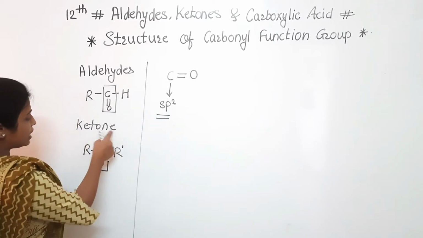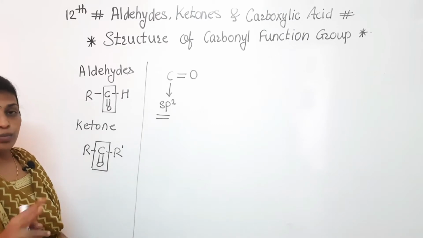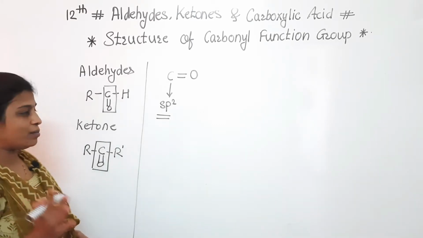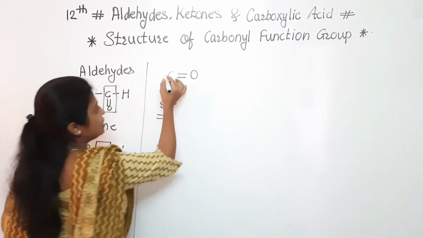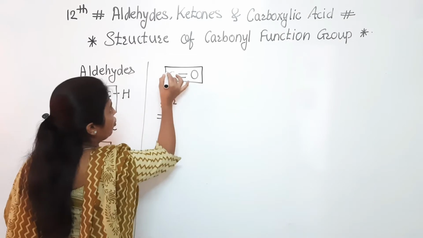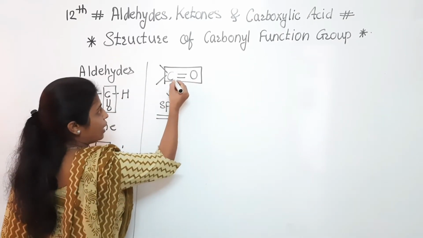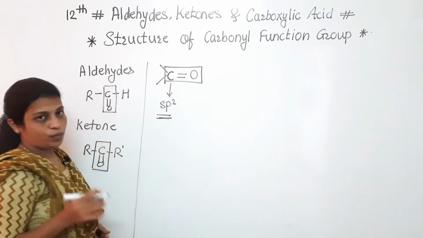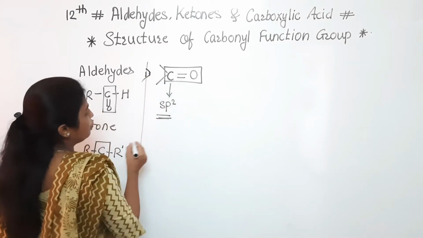In a ketone, both sides have alkyl groups, which may be the same or different. But anyhow, in the central carbonyl group, carbon forms a double bond with oxygen, so the hybridization of this carbonyl carbon is sp2. Clear to everyone? Here we have completed our first point.